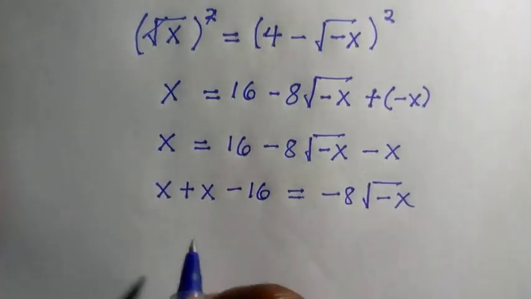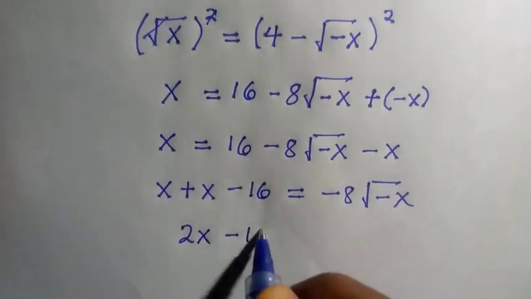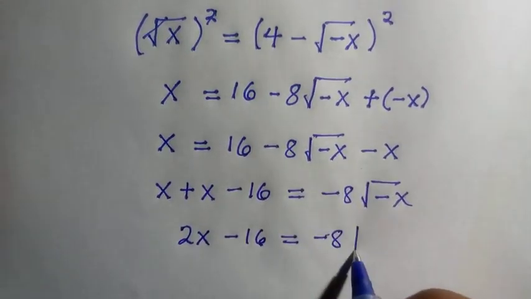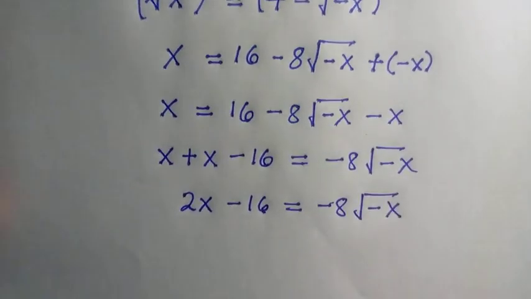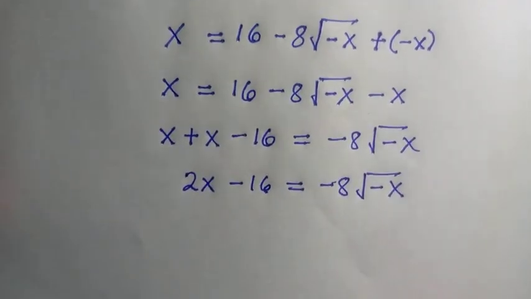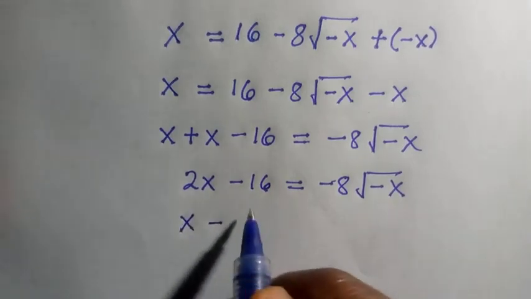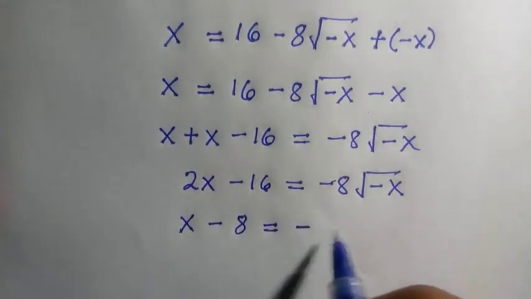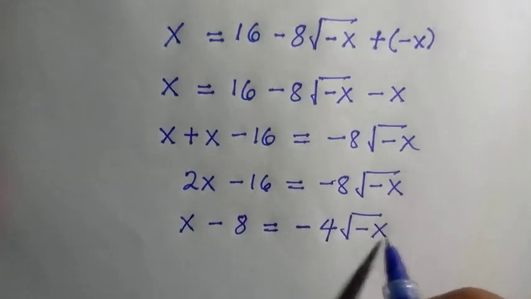So x plus x gives us 2x, minus 16 equals minus 8 square root of minus x. So 2 can go in everything. When we divide everything by 2, we have this as x minus 8 equals minus 4 the square root of minus x.